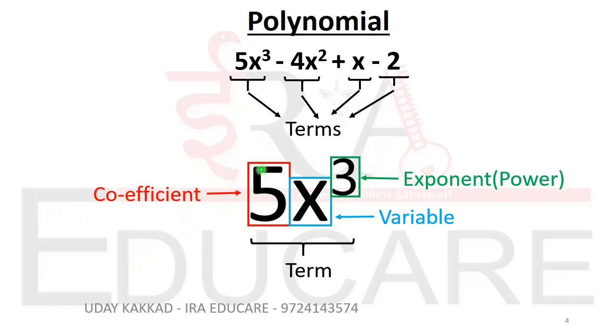A number before the variable is called a coefficient, right? For the variable, you can use x, t or any other letter. And the power of the variable is called the exponent, right?